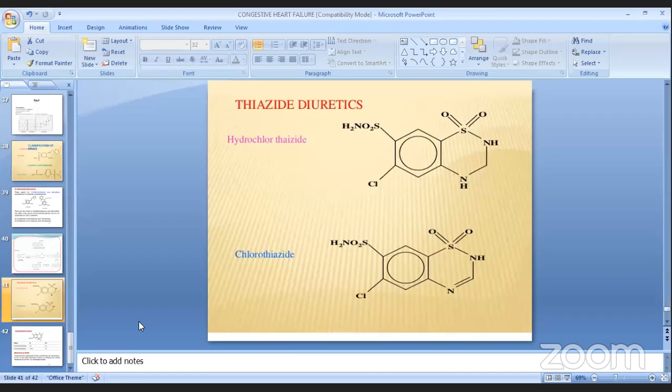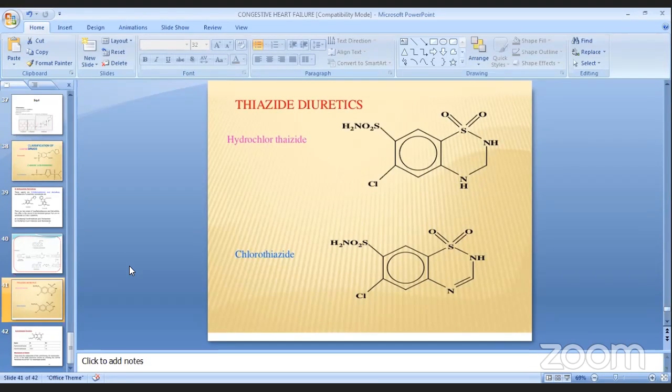Next category of drug is thiazide derivatives. Thiazide derivatives I have already discussed in the diuretics chapter. They are very important drugs, since hydrochlorothiazide, chlorothiazide, all thiazides are basically used for the treatment of congestive heart failure.